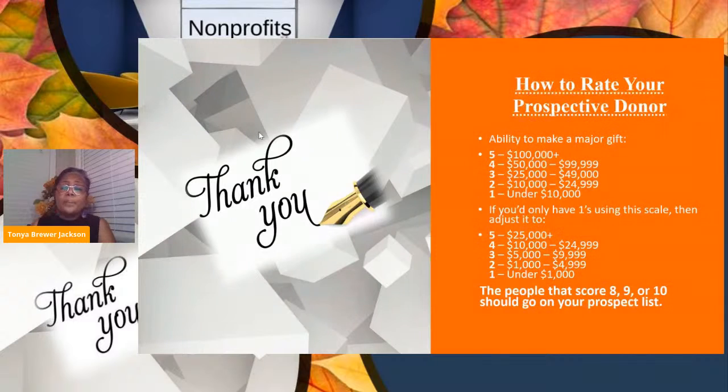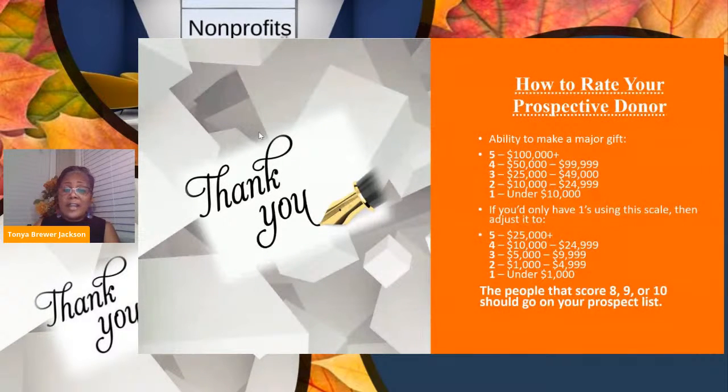Now, one of the things is that a good pipeline list is probably about 180 to 200 people, because by the time you go through them all, you may end up coming up with 4 or 5 actually good donors out of that.